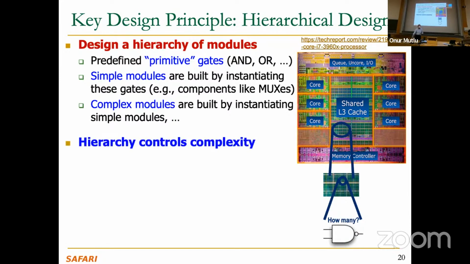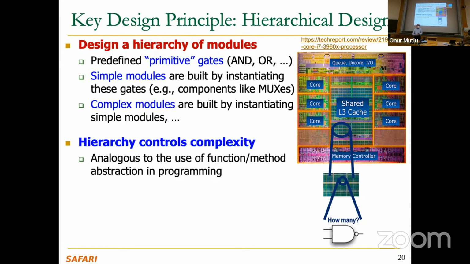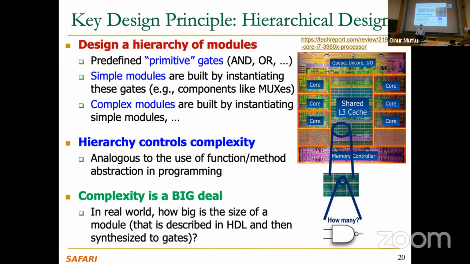And hierarchy really controls complexity in the end, because this is very similar to using functions in your programming, right? If you're doing software programming, if you don't use any functions, it looks like a mess, especially if you're doing a huge project. But clearly functions and other productivity techniques help that. And complexity is a huge problem. I don't want to motivate this again, but clearly we're dealing with billions of transistors today.